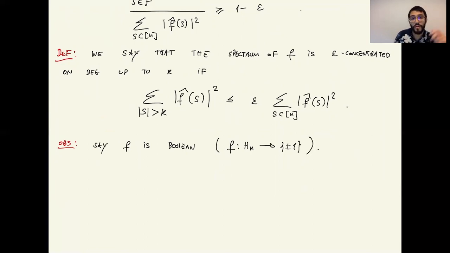That's what we mean by Boolean here. And then what you want to know is how can you measure this thing? So this we can define as in O'Donnell's book.